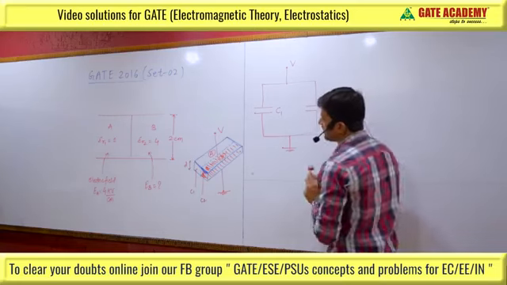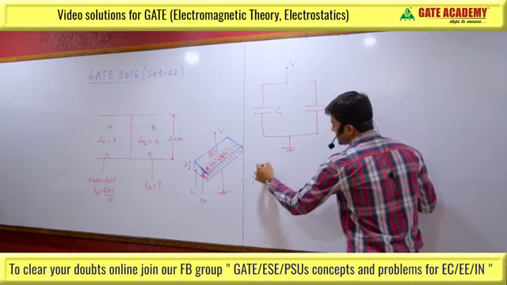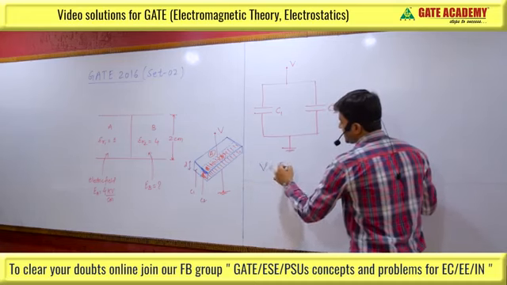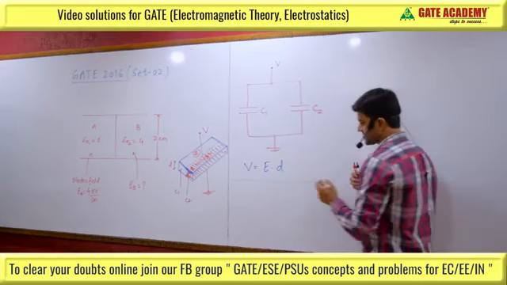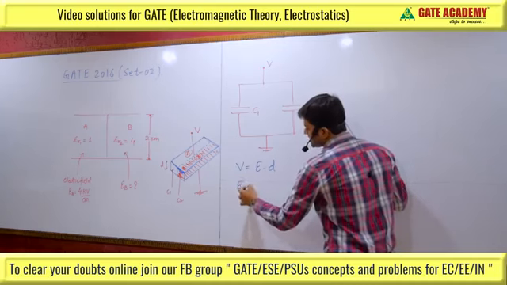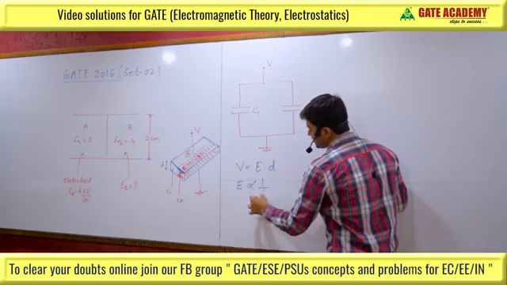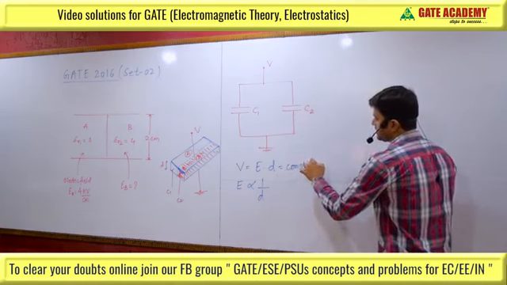Now we have to find the electric field strength. Because the potential is the same, we know the relationship between voltage and electric field, V equal to E into D. Now the potential is the same, so we can say that E is inversely proportional to D, because voltage is constant here.